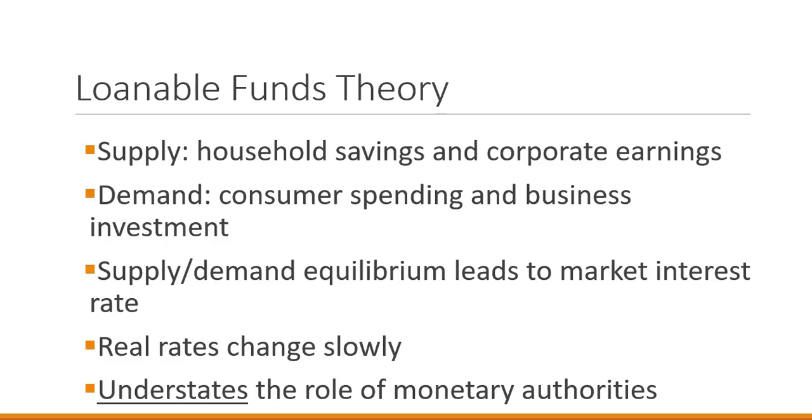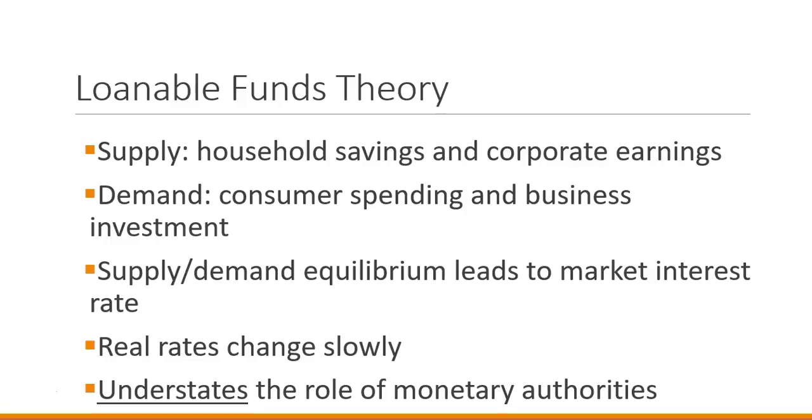Now let's look at theories. We're going to see two theories regarding why interest rates move, why interest rates change. In this case, the underlying real interest rate is what we're discussing. One theory is the loanable funds theory, and this is the idea of the supply and demand of funds in a market.